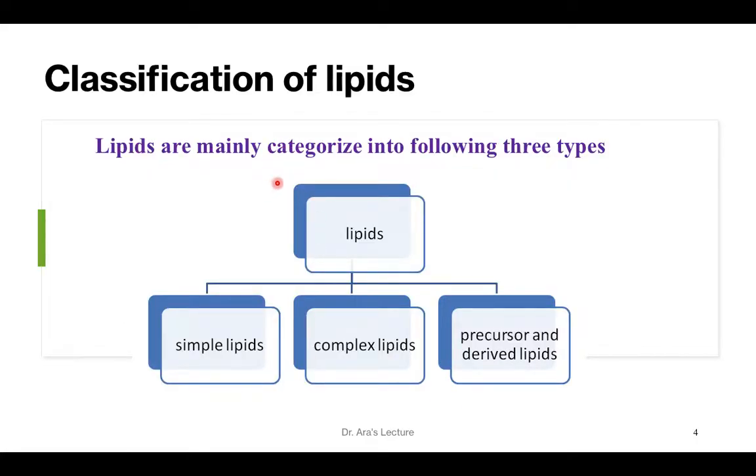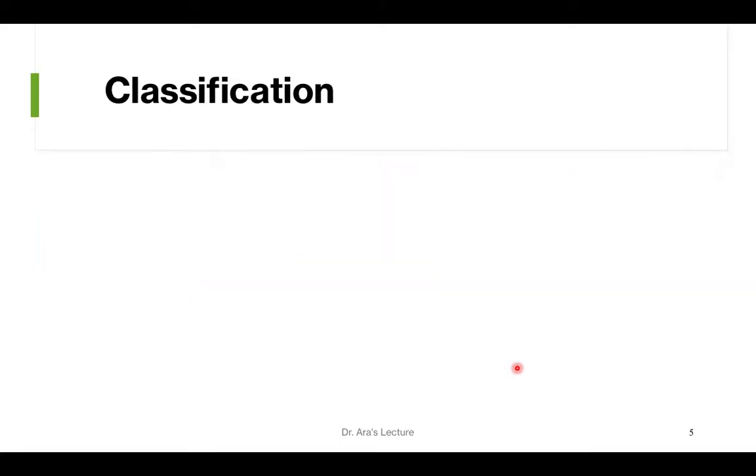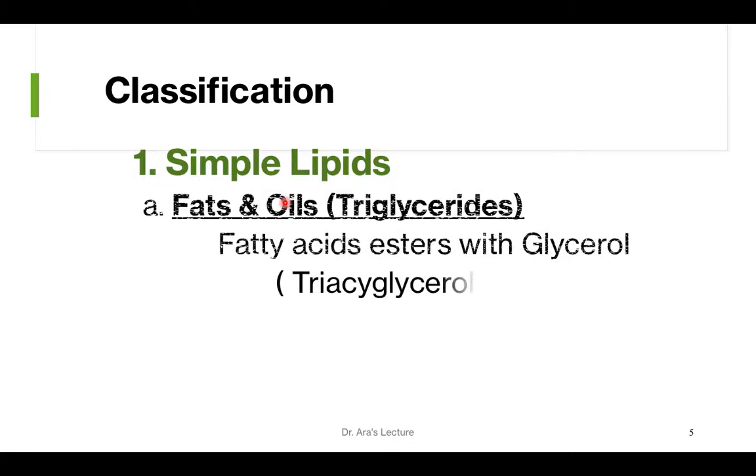Lipids are mainly categorized into 3 types: simple lipids, complex lipids, and precursor or derived lipids. Let's discuss simple lipids. A. Fats and oils.